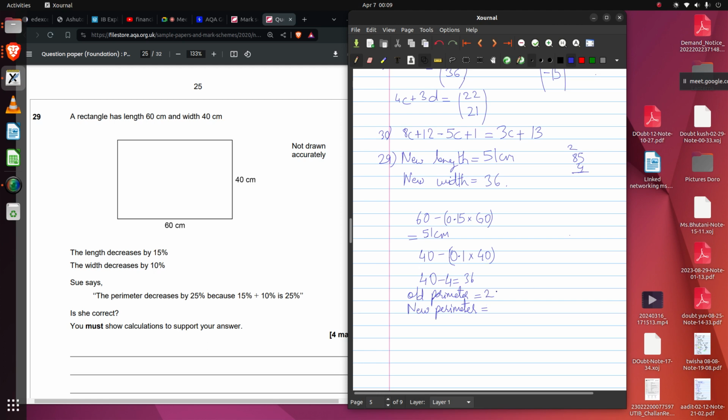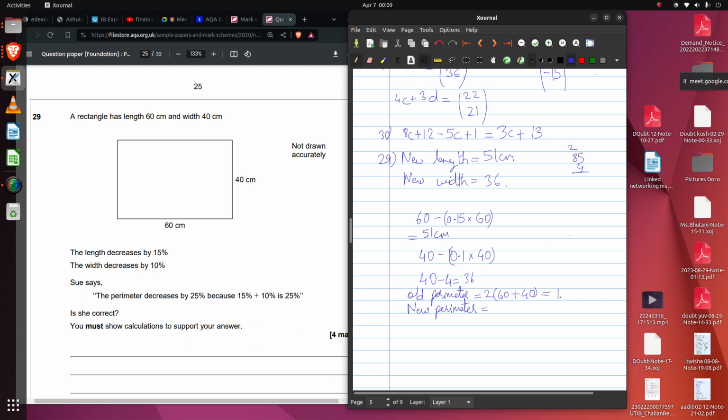There's a general formula for perimeter which goes like that: 2 times the length plus the breadth. It's 200. Good, that is the old perimeter.